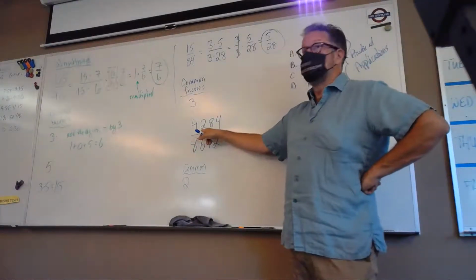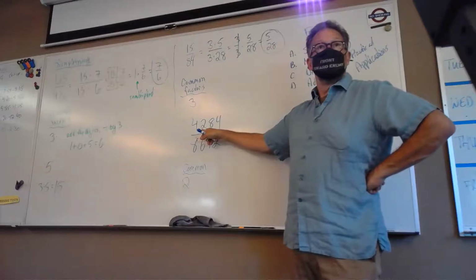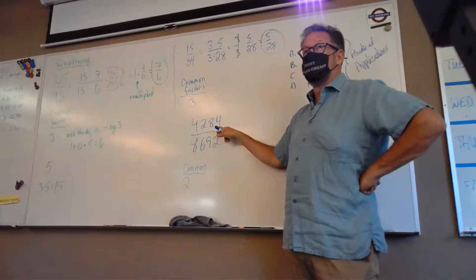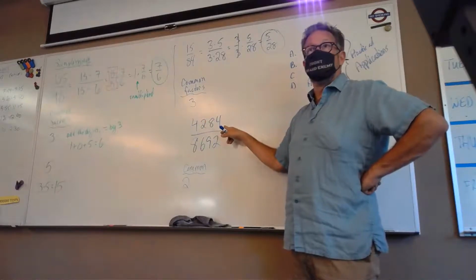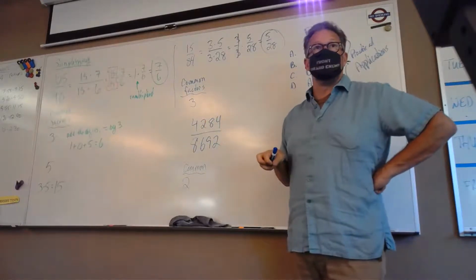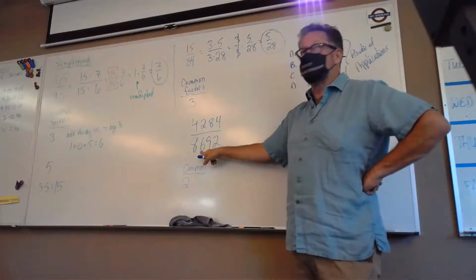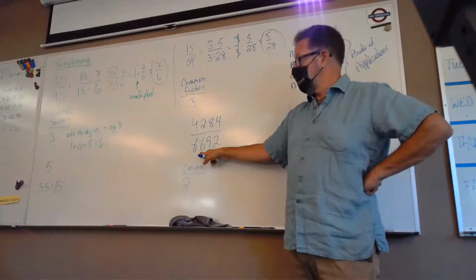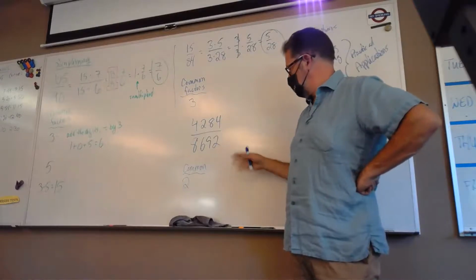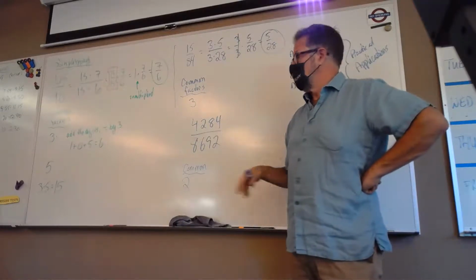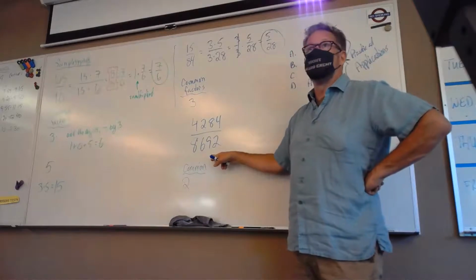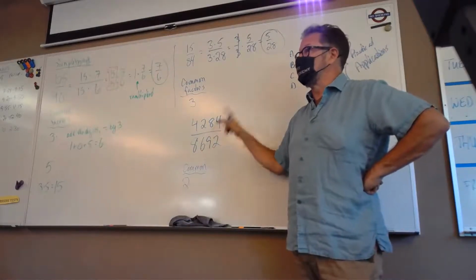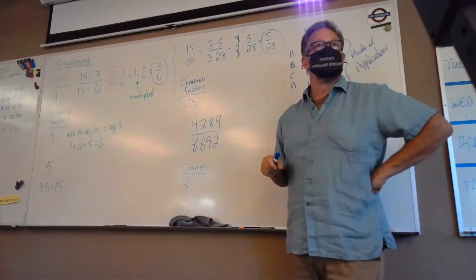Four plus 2? 8 plus 4? 6 plus 12? So 3 goes into the numerator. 8 plus 6? Yep. 9 plus 2? 11. 14 plus 11? 25. 3 doesn't go into 25, so 3 is not a common factor.